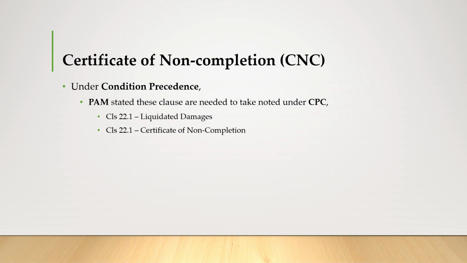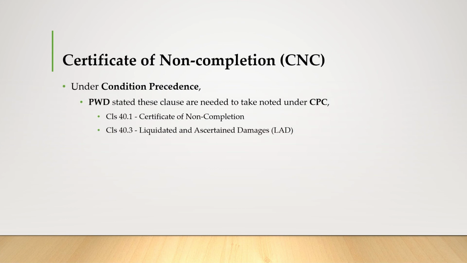So under the condition precedents in PAM, it stated that the liquidated damage and certificate of non-completion in clause 22.1 need to be taken note of under the CPC. Also under the condition precedents, PWD is stated in clause 40.1 and 40.3: the certificate of non-completion and liquidated and ascertained damage, which is LAD.